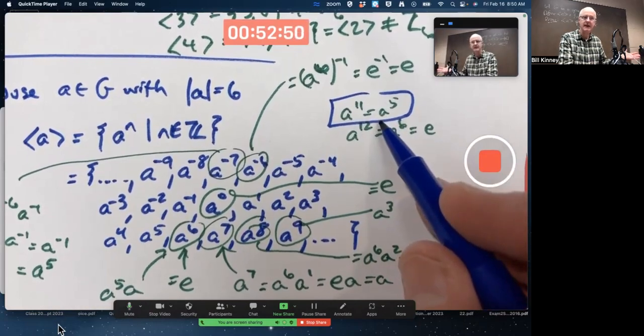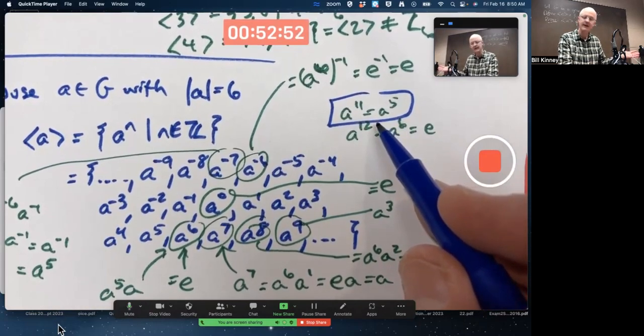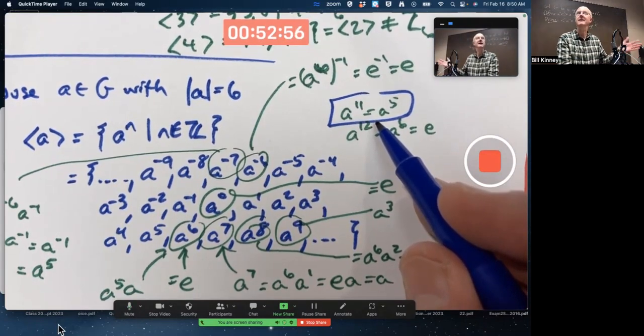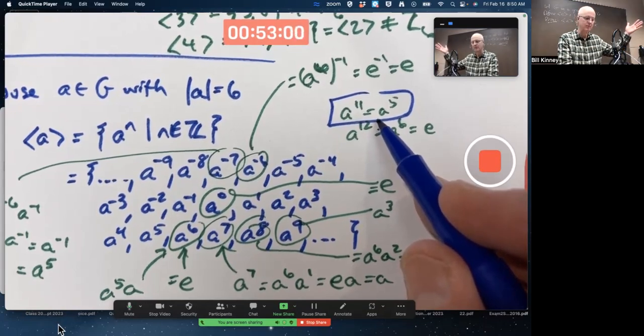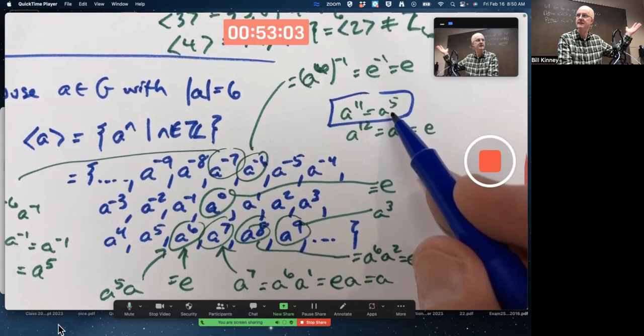Another example would be A to the 5th, A to the 11th, A to the 17th, A to the 23rd, and A to the 29th. I keep adding 6. Those are all numbers that if you subtract 5, you get a multiple of 6. A to the negative 1, A to the negative 7, A to the negative 13, A to the negative 19. I keep subtracting 6.